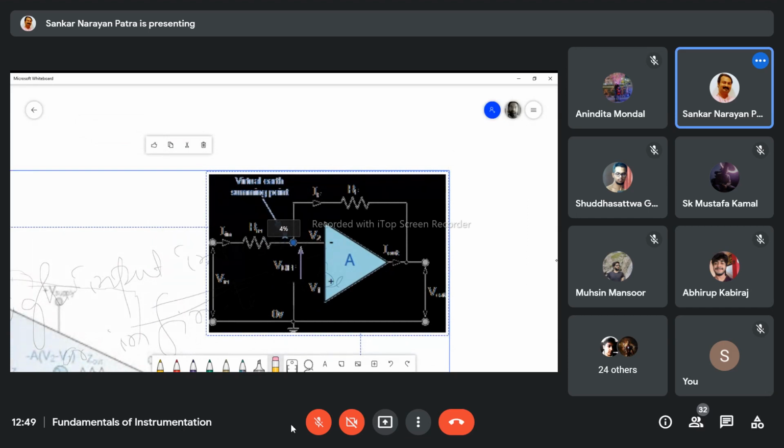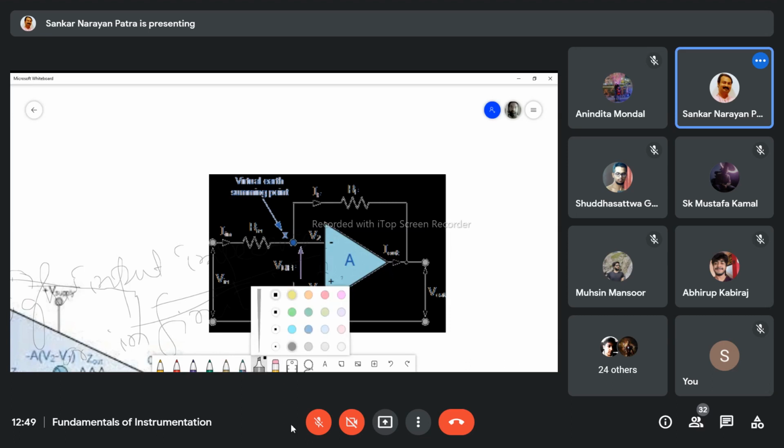Look at this part, that circuit. This circuit is connected here. So look, this is ground, real ground. This is connected here, which means it is a real ground.